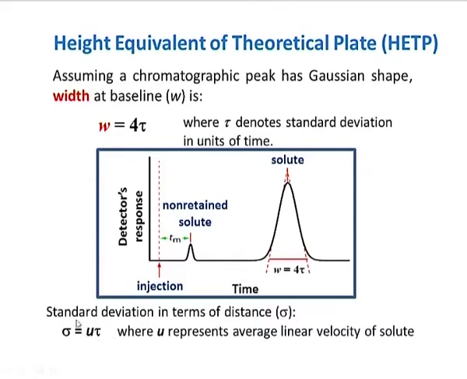So, the speed here is the average linear velocity of the solute, and tau is the corresponding time of the existence of this peak. Hence, the standard deviation in terms of distance would be u times tau, and I want you to keep this equation in mind. We will use it in the next slide.